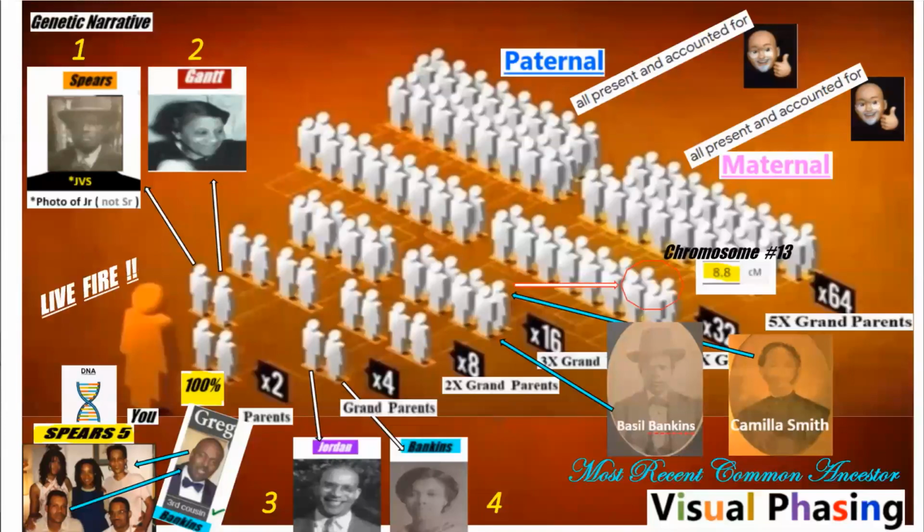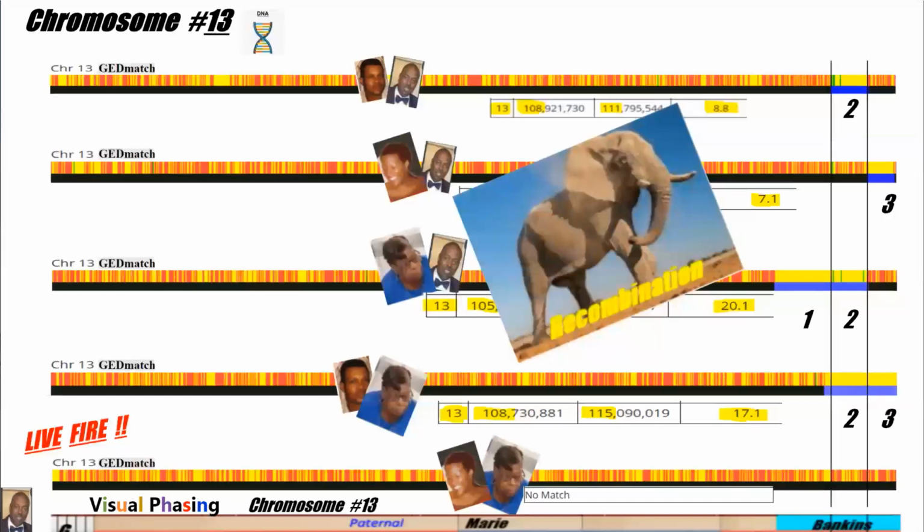So let's see. We've talked about this whole thing dealing with these particular spots. We know that Basil Bankins or Camilla Smith own that spot that Nason and Greg are matching. And it would be great if we were able to tease out exactly who amongst the two own that spot.